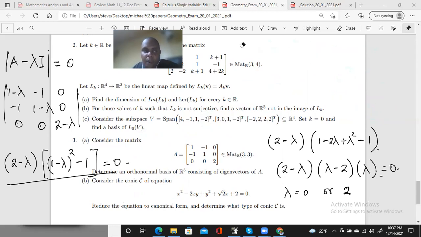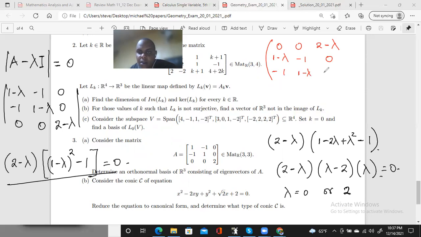But how did you get it? So you did also a bit like the same way I did. Yeah, but mine, I brought this row up. I did 0, 0, 2 minus lambda, and then everything went down: 1 minus lambda, negative 1, 0, negative 1, 1 minus lambda.